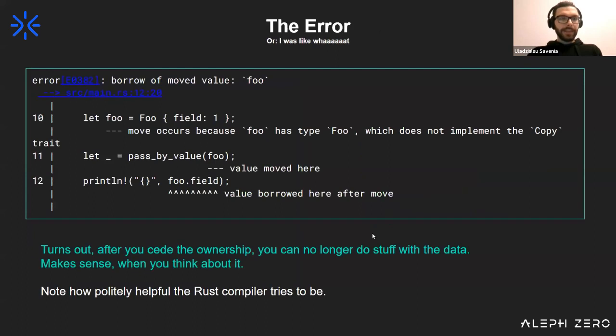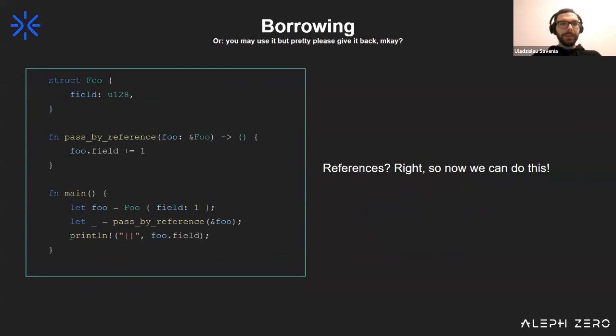Yeah, there's the error itself, so you can see the compiler gives you everything. It gives you the line, it gives you what to do, so it is very helpful, especially for these beginner kind of mistakes. So what we want to do here instead is pass it by reference to borrow it instead.